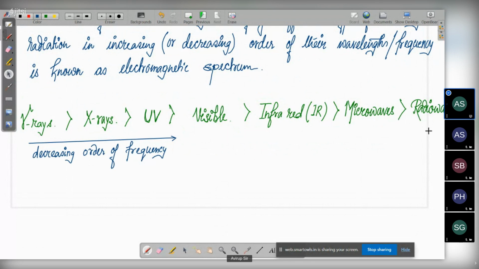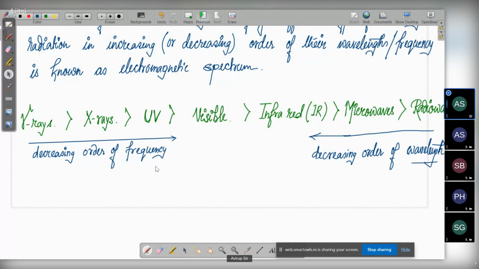And if we consider from this side, that is right to left, this is basically the decreasing order of wavelength. Why is it so?